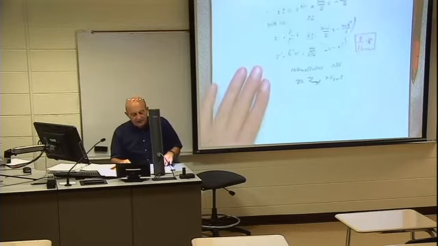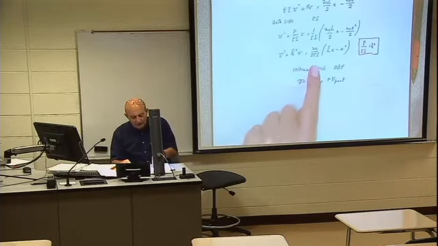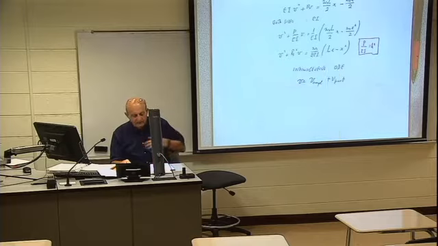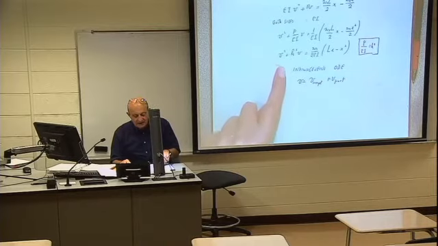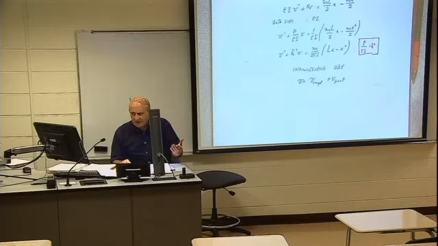So this is inhomogeneous because there is a right-hand side. It is an ordinary differential equation, ordinary because the derivative is with respect to x only. There is no derivative with respect to any other coordinate.